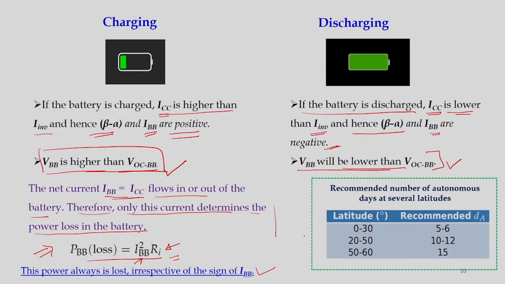So, we will come back to this autonomy. As I said, the number of days of autonomy to be maintained for a standalone system is specified by latitude.